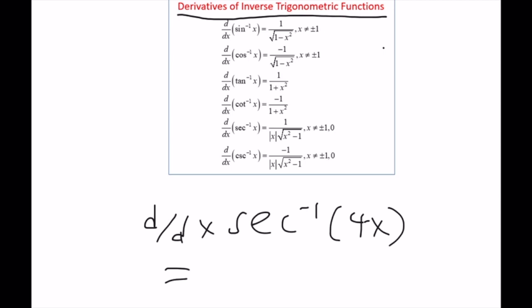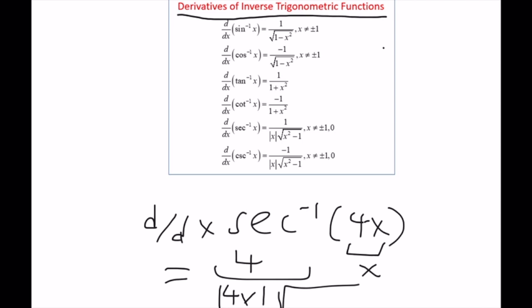So the derivative of 4x by the power rule is just 4, over the absolute value of x, which in this scenario is the whole thing in there, so the absolute value of 4x, times the square root of x squared, which here becomes 16x squared minus 1.